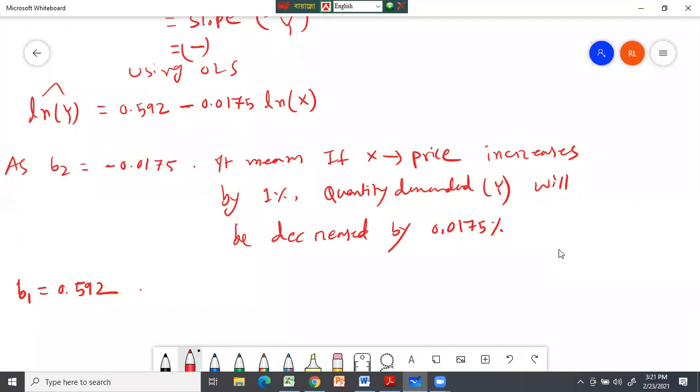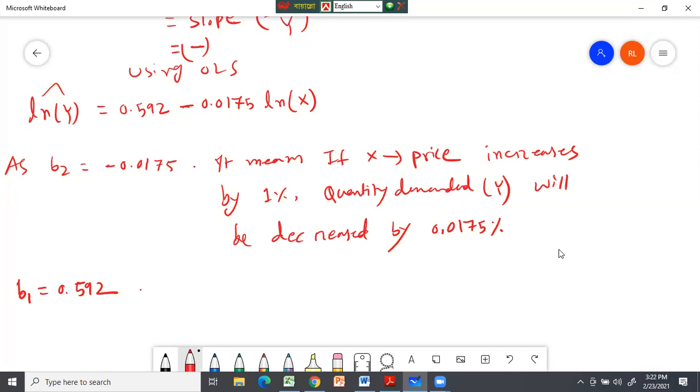That means for the independent variable X, if there is no impact, that is, if the value of X is 0, or if there is no price found, then still the quantity demanded in the economy would be equal to 0.592%.